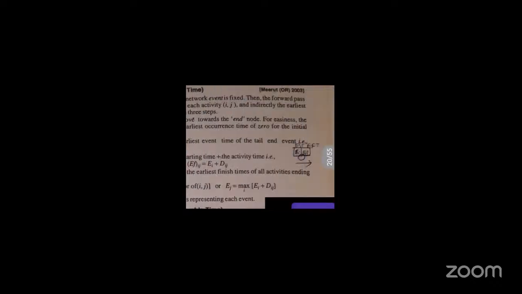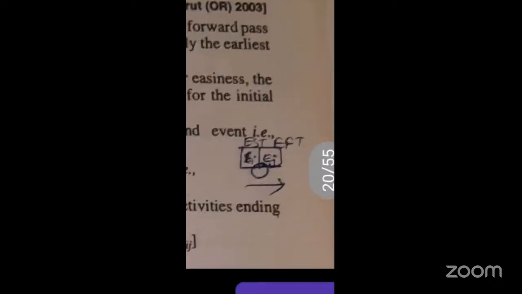Step two: the earliest starting time of any activity is the earliest event time of the tail event, that is, ES equals Ei. Here I have given the notation: in the forward direction, this is the event, and the first quantity in the rectangular box indicates Ei, the earliest starting time, and Ej indicates the earliest finishing time.